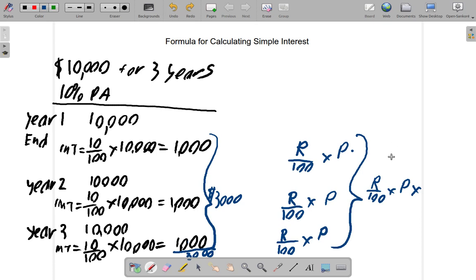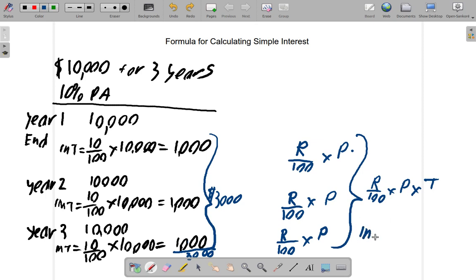So let's say you have payment each year and there are 3 years. So the number of years passed is the time, so you have T for time. So it is really the rate over 100 times principal times time.